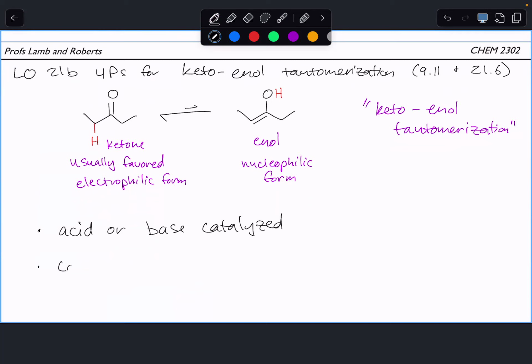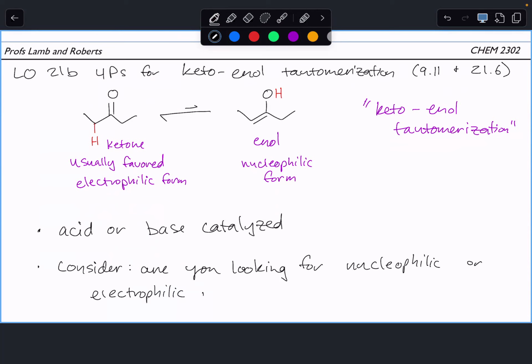And again, you want to consider whether you are looking for nucleophilic or electrophilic reactivity. Nucleophilic means you want the enol form, and electrophilic means you want the keto form, because they're two different forms of the same molecule, but they have very different reactivities.